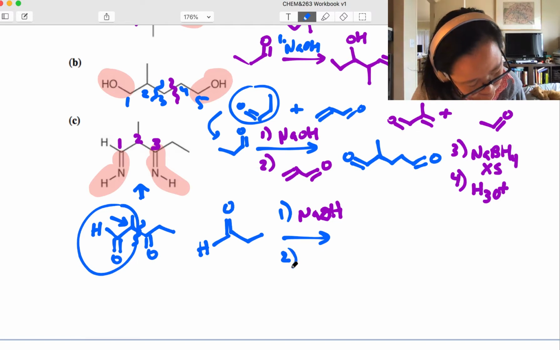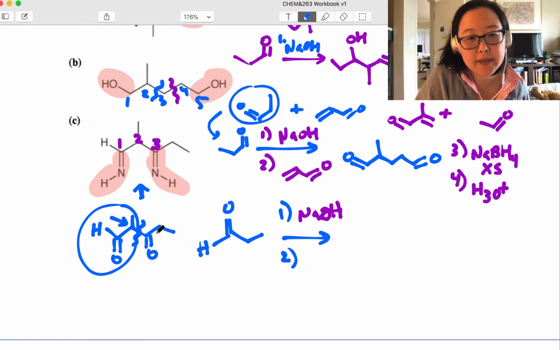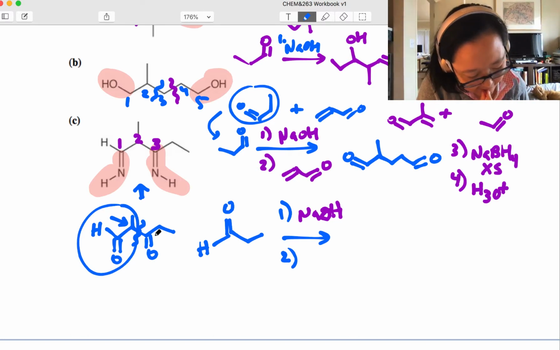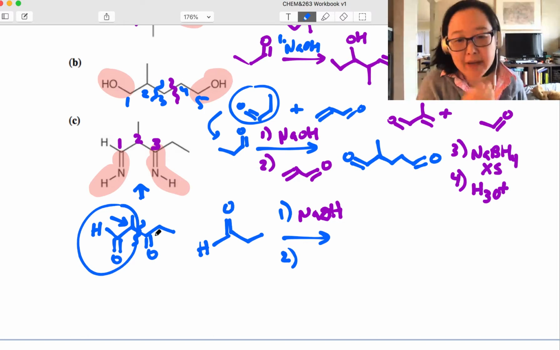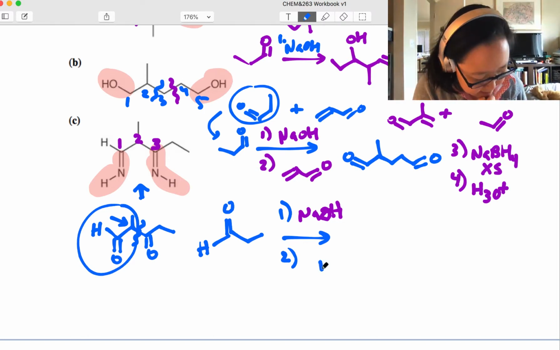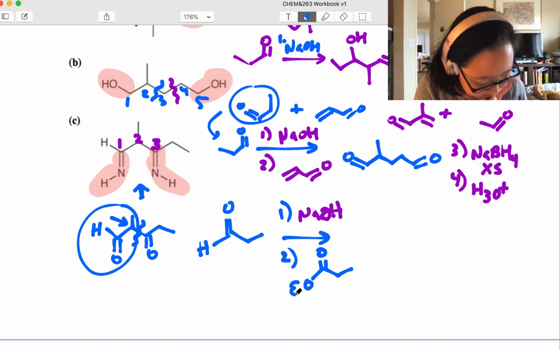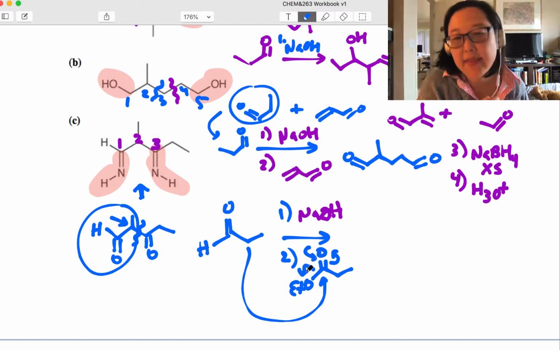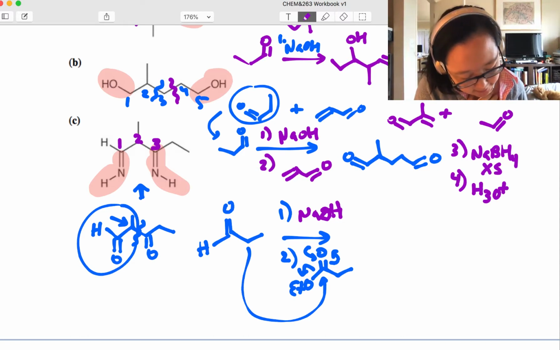My second part is going to be I need to add this group here. Now this could go two ways. I could either add an ester, and then it'll turn into the enolate attack here and then kick out that group, and that's how we can get a beta keto group.